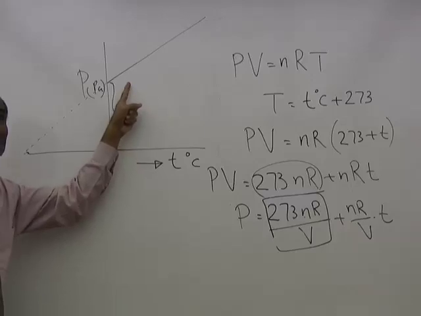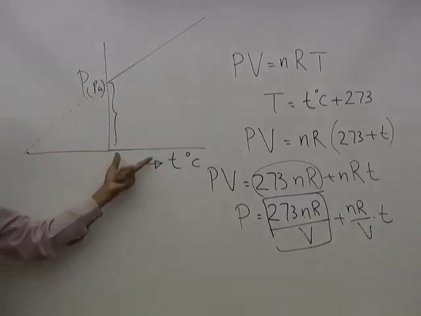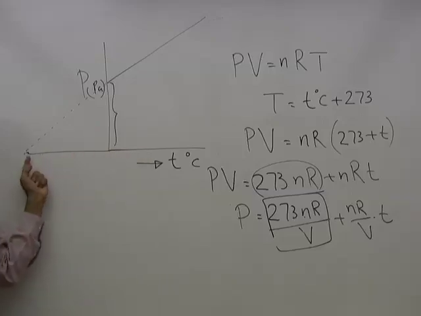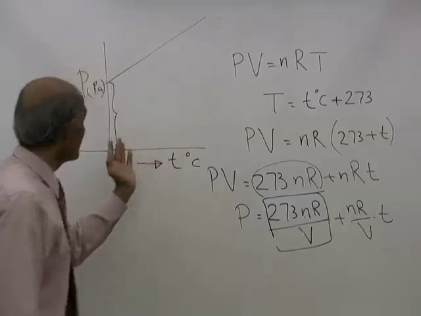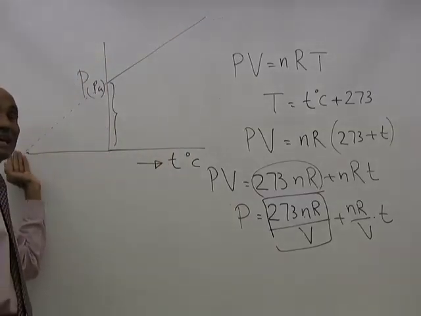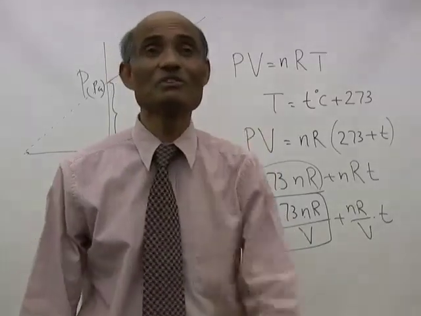And this graph, when extrapolated, is going to meet the x-axis at almost negative 273. That means you need a lot of space to the left. So adjust your scale.